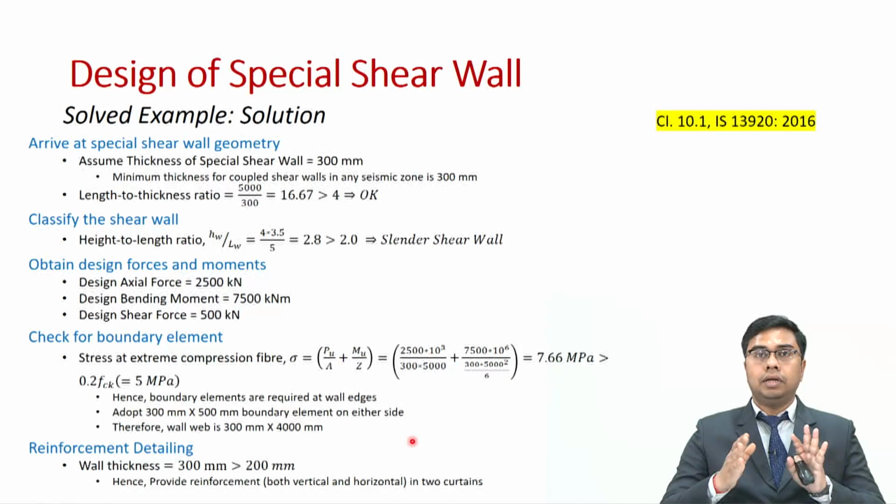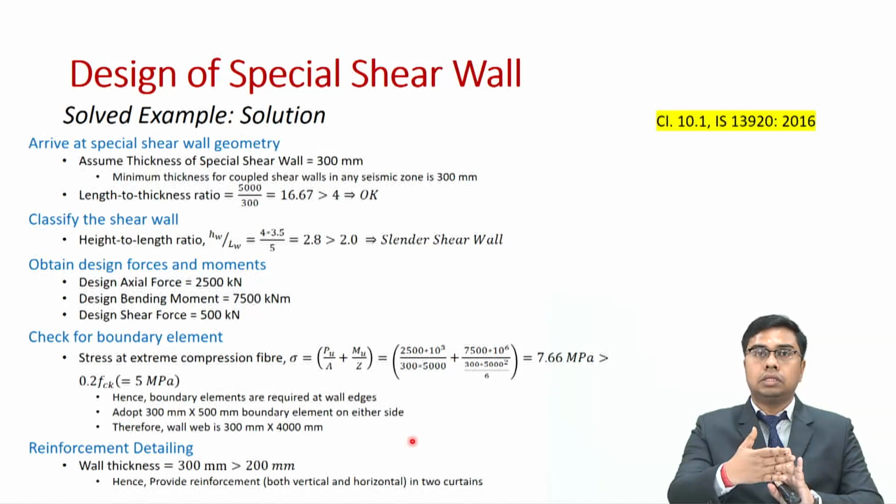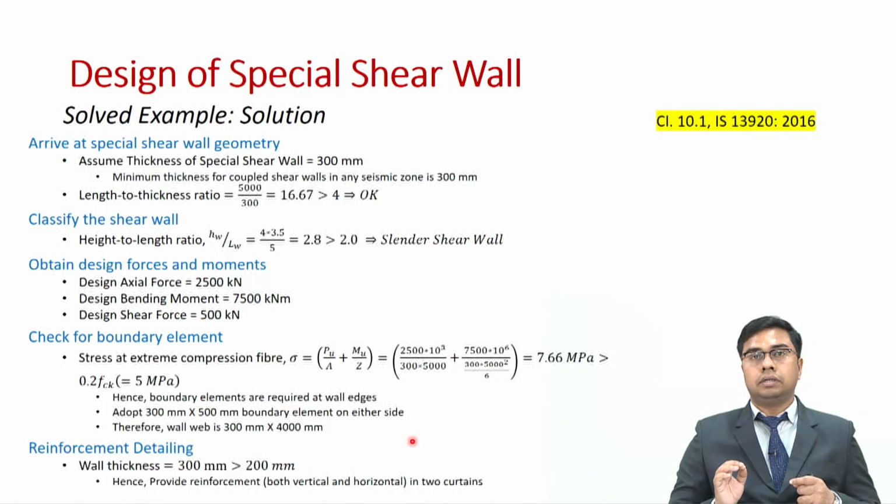One curtain will be closer to the surface in front of you and the other at the back. So, closer to both the surfaces there will be a reinforcement mesh, that is 2 curtains overall, and each of those curtains will have vertical as well as horizontal reinforcement.